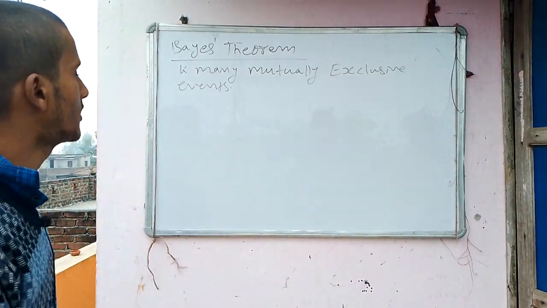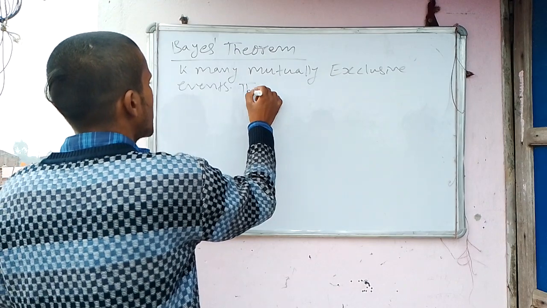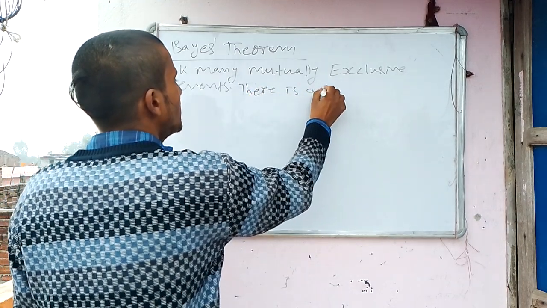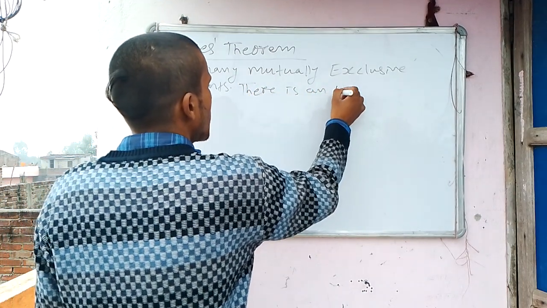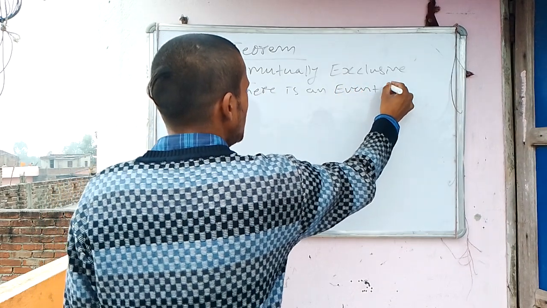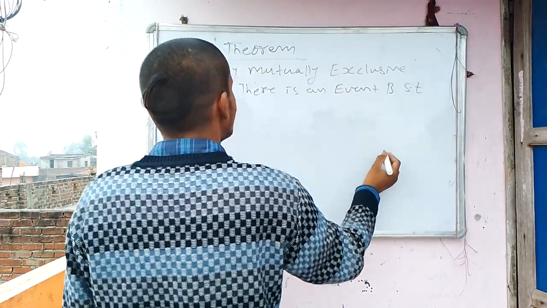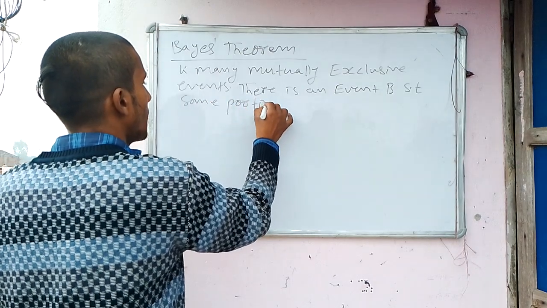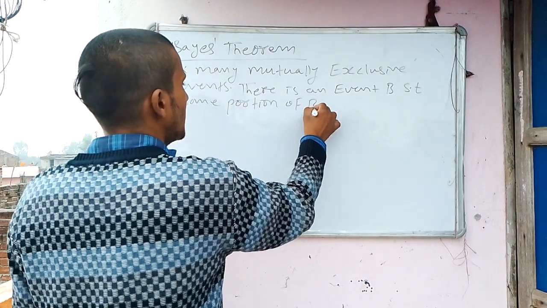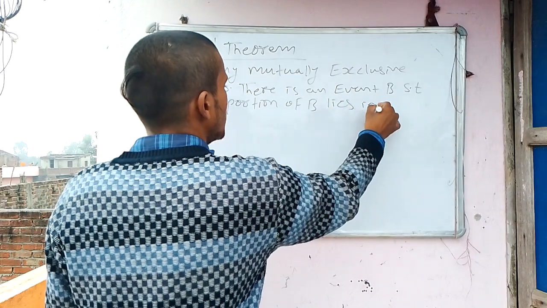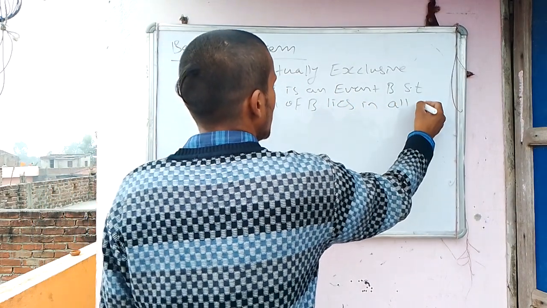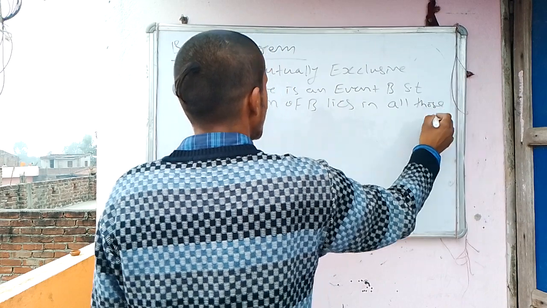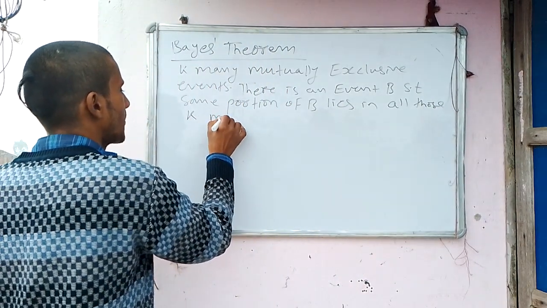So if there is an event B such that some portion of B lies in all those k many events.